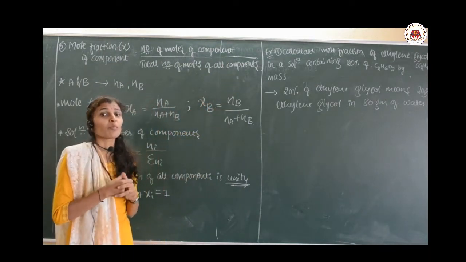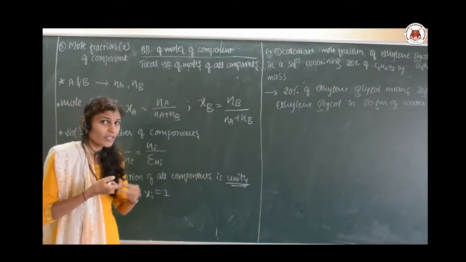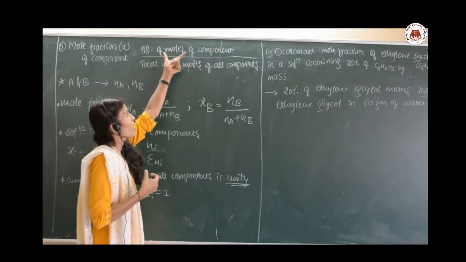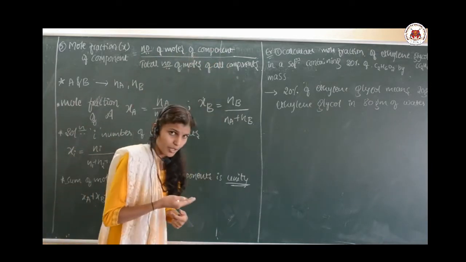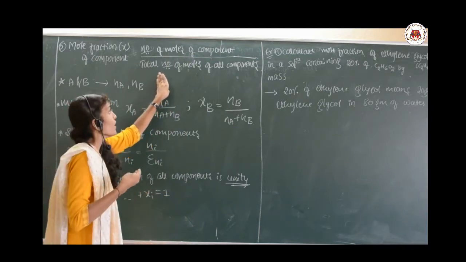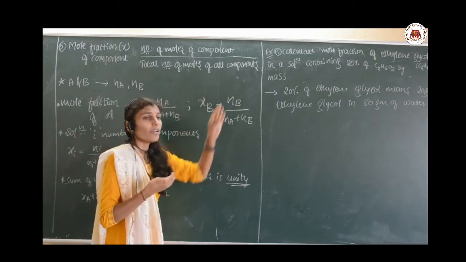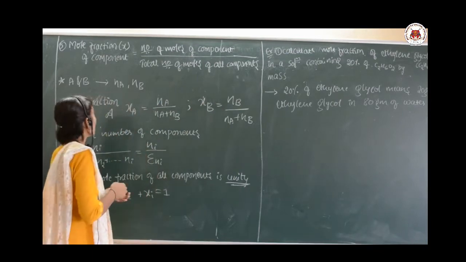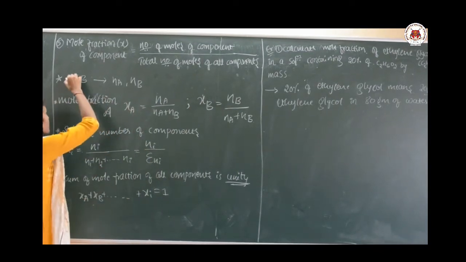Which component's mole fraction you want to calculate? First you have to take the number of moles of that component and divide by the total number of moles of all components. So here I will go for an explanation.